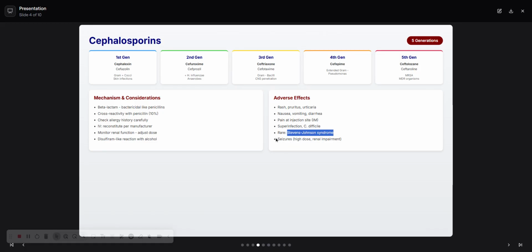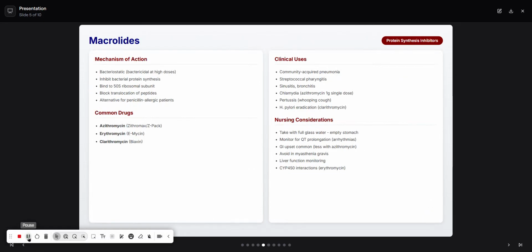This is a rare adverse reaction, but basically Stevens-Johnson syndrome is like you get these red dots all over you and blisters, and it hurts. You look very red. And that's all you really have to know for cephalosporins, that it works just like penicillins, and that an adverse reaction is Stevens-Johnson syndrome.